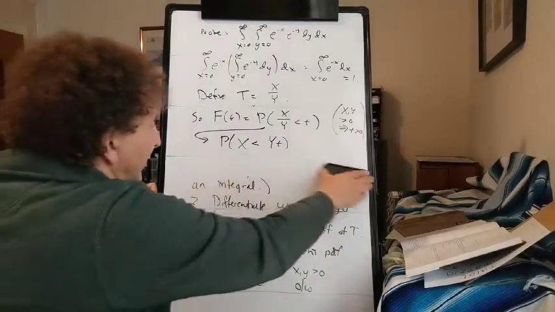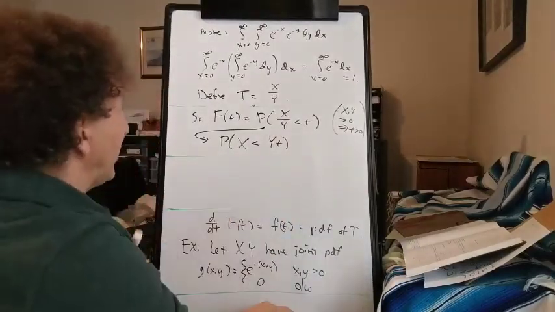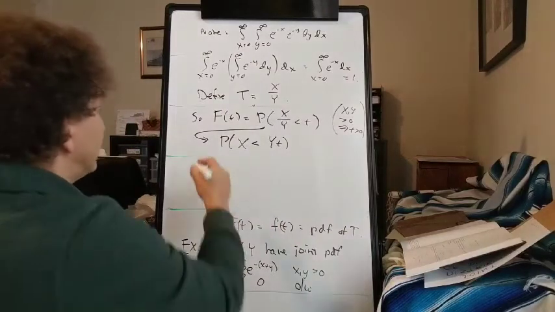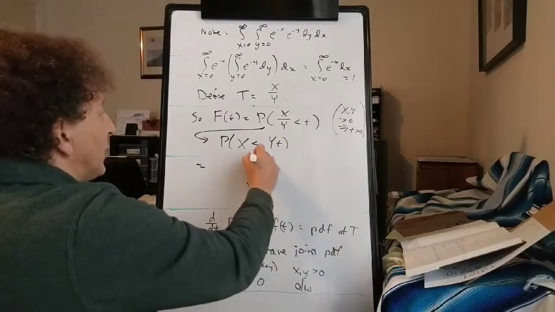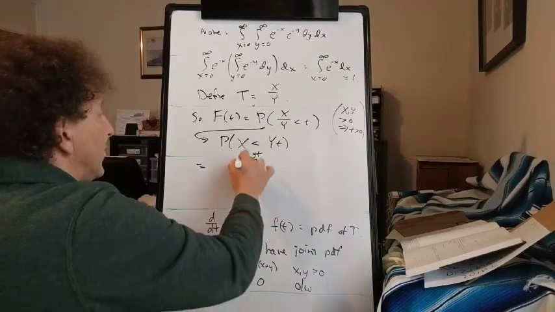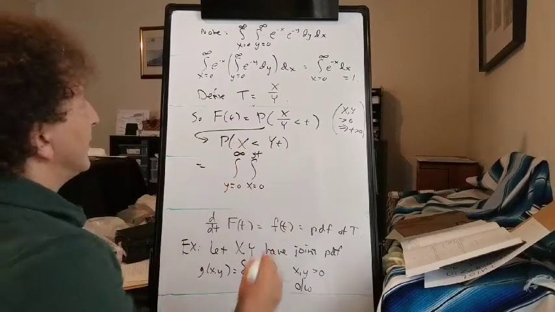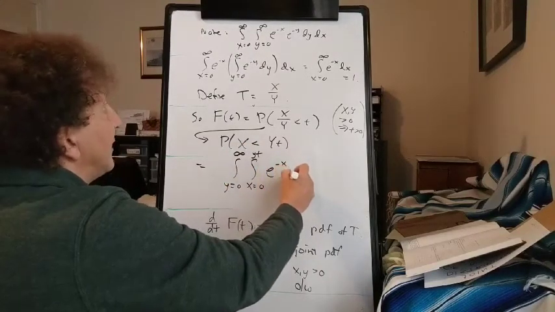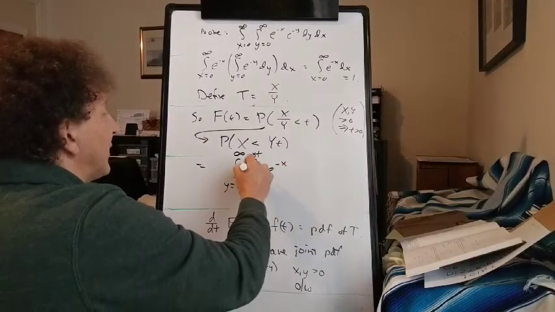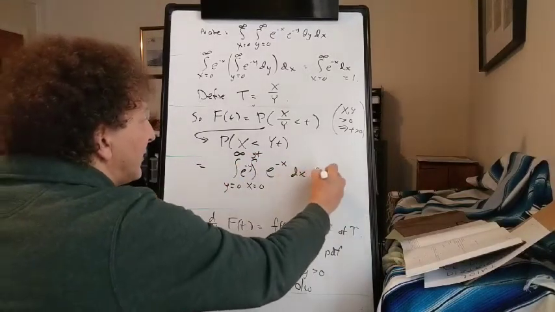And since we have the density function for x and y, we can evaluate that as an integral. So x is going to go from 0 to yt, and then y is going to go from 0 to infinity, e to the negative x, e to the negative y, and I guess I can put the e to the negative y here because it doesn't have any x's in it, dx dy.